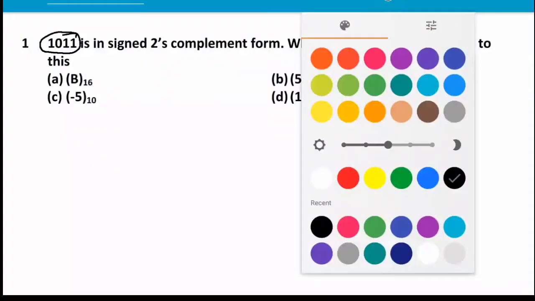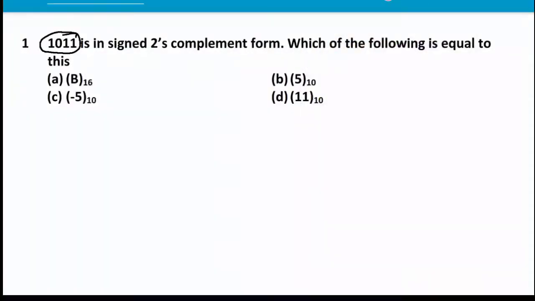1011 is in signed 2's complement form. That means in case of positive numbers, all the signed forms are same, representation is same, but in case of negative, this is not the same.